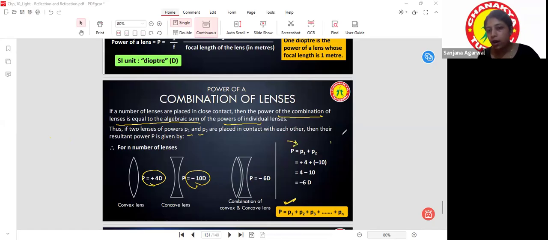Power and focal length are reciprocal, but they will always have the same sign. If the focal length of a convex lens is positive, the power of the convex lens will also be positive. If the focal length of a concave lens is negative, the power will also be negative. So considering the sign, 4 minus 10 is minus 6 diopter, that is, overall the lens will be concave in nature.